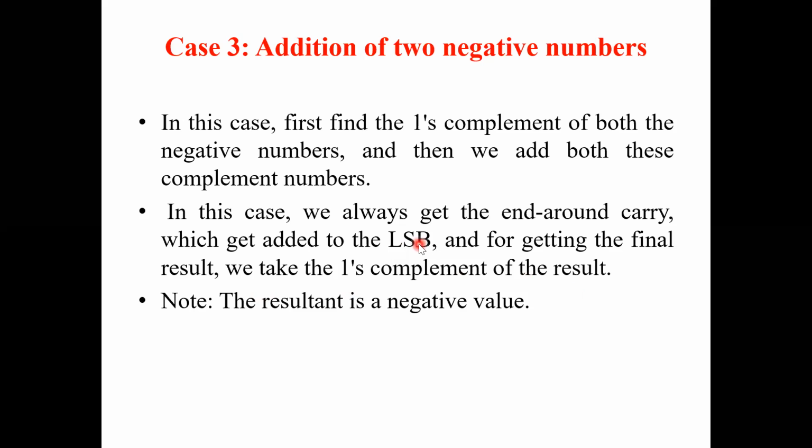In case 1 we used to just write the result and leave it. In case 2 we used to find the ones complement of the result. Here we will do both. So if a carry comes, we will add it to the LSB and then we will take the ones complement of the result. And since we are adding two negative numbers, the answer obviously will be negative.